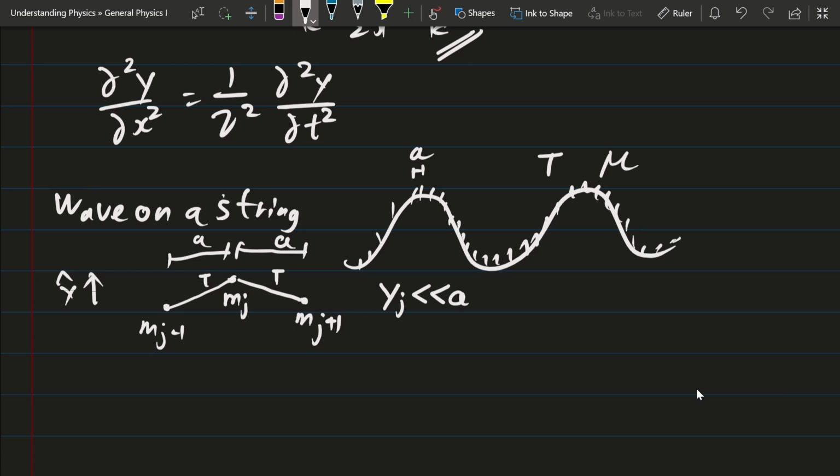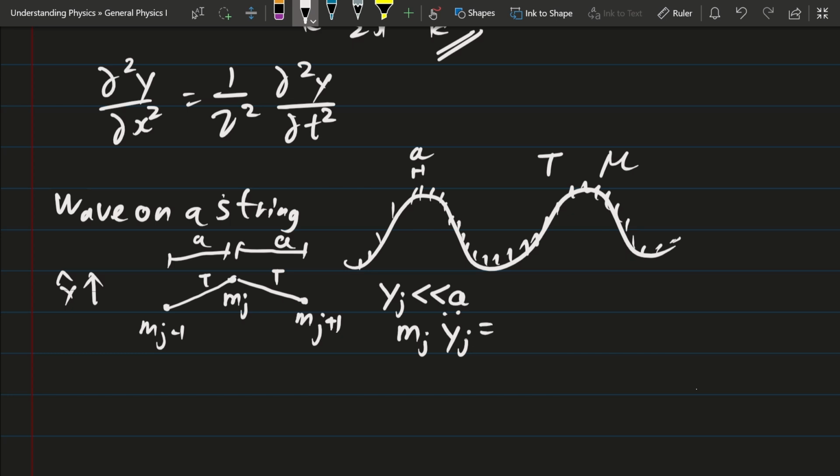With this, you are able to obtain the following. For the mass mj of the particle, mj times yj double dot will be... here's the thing, I don't want my particle to move in the x direction, so I will just assume those to be orthogonally balanced. But for now, I want to describe the position in the y direction.